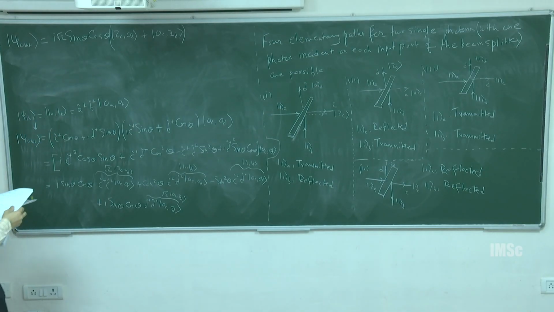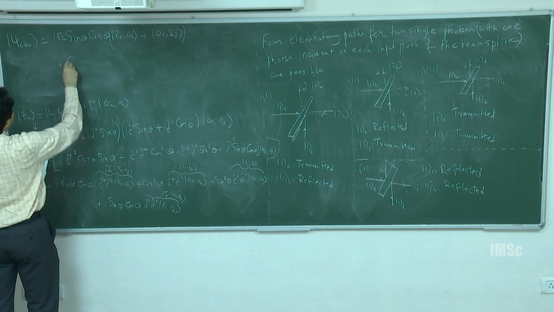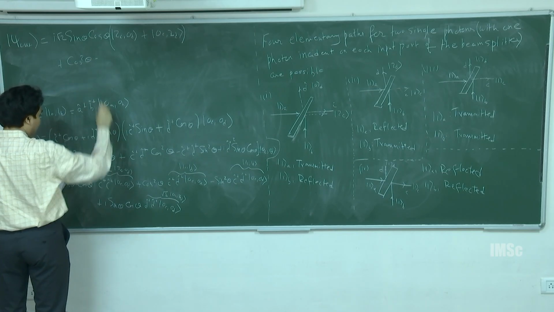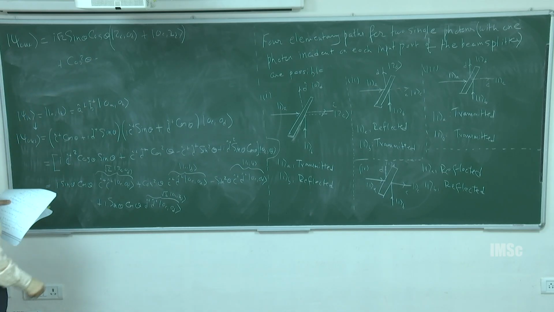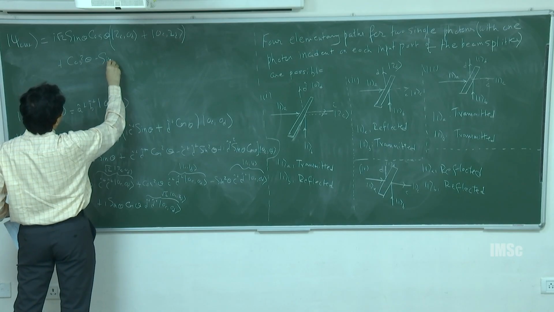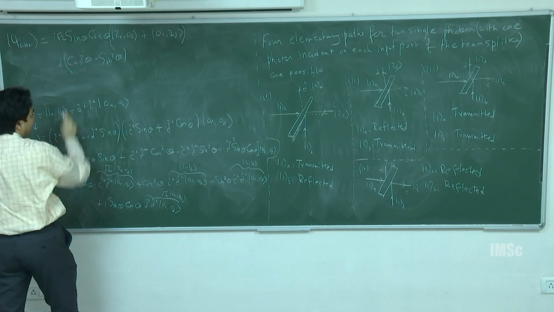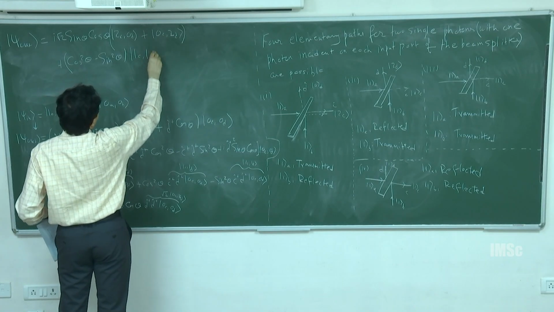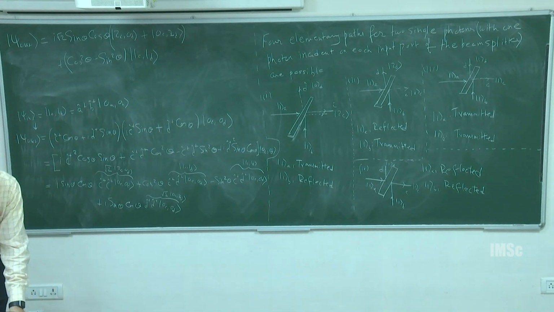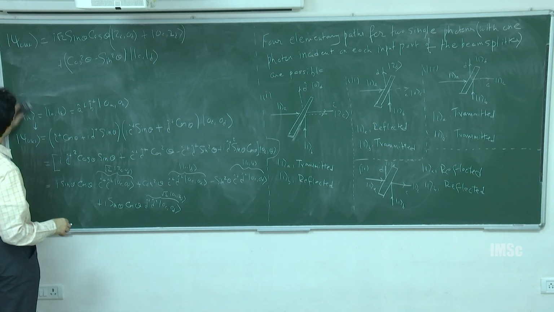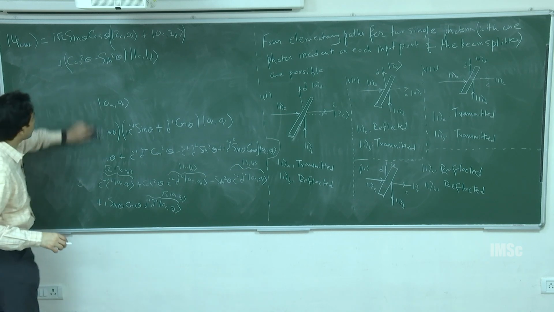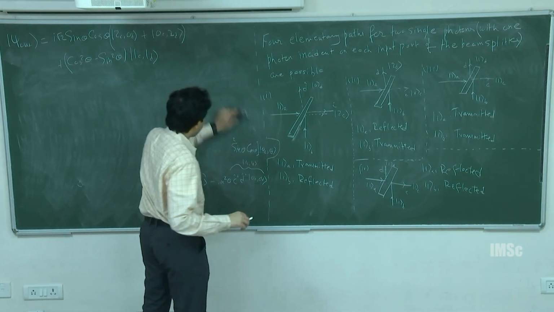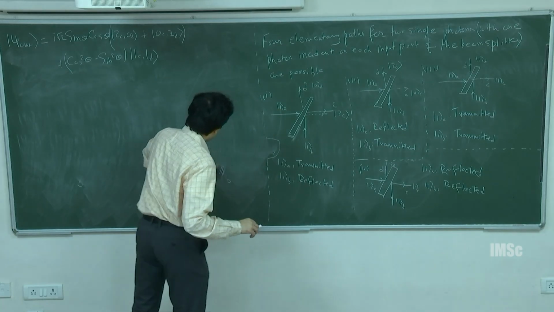And likewise cos square theta minus sin square theta, you can club these two because... now this is what we get.